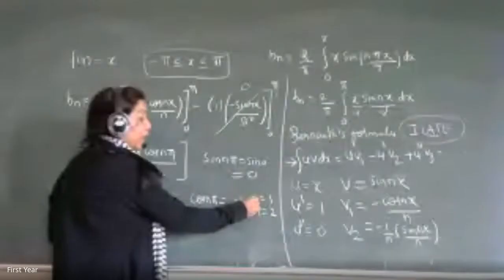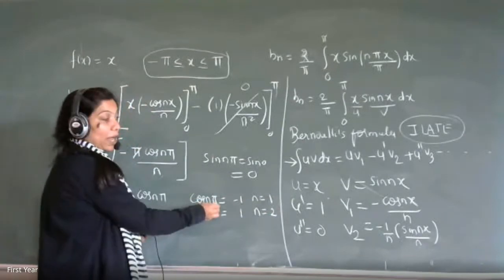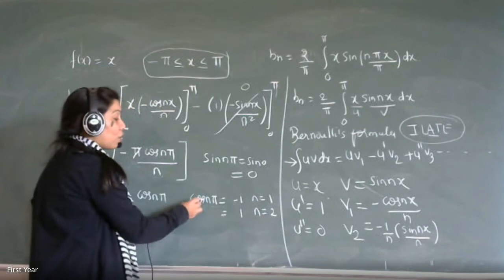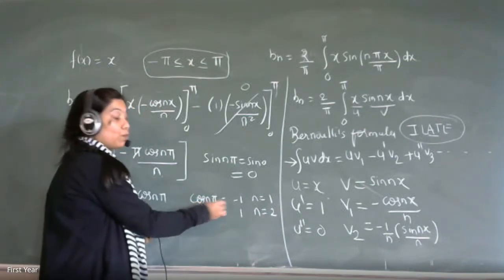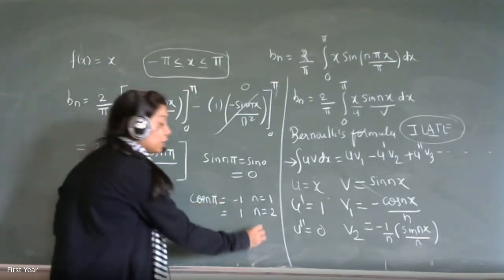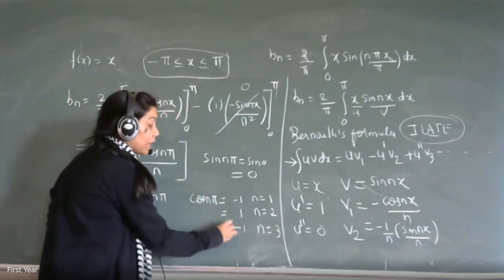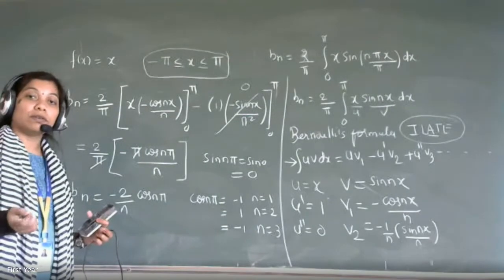When I put n is equal to 3, it is cos 3 pi, which is again minus 1. So alternately it is becoming plus 1, minus 1.